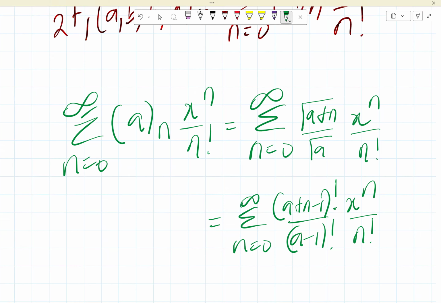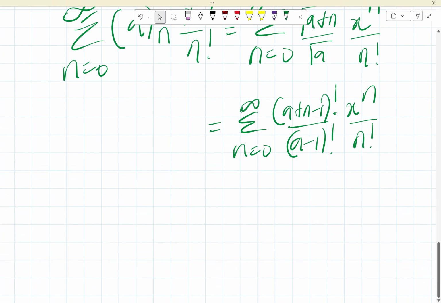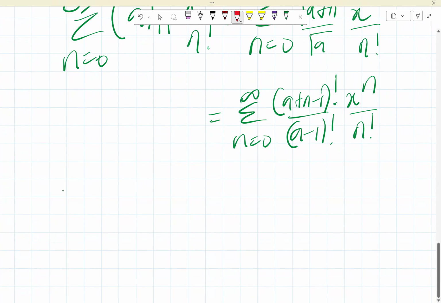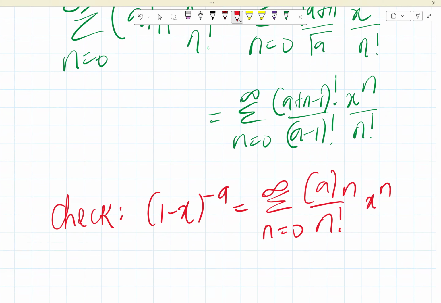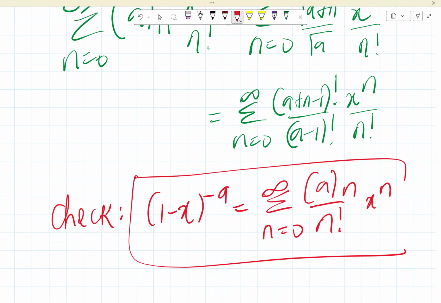Okay, so if we check, we can see that (1 minus x) raised to power minus a is as good as the summation from n equals 0 to infinity of Pochhammer (a)_n over n factorial x raised to power n. So this is a standard expression. If we expand this, we are going to get exactly this.